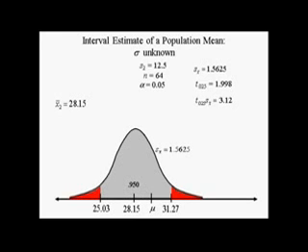The distribution has a standard deviation equal to the estimated standard error of 1.5625 and is centered at 28.15, the sample mean. Students oftentimes believe this means the probability of population mean mu being between 25.03 and 31.27 is equal to 0.95. Again, this is incorrect because the population mean is either in this interval or it is not.